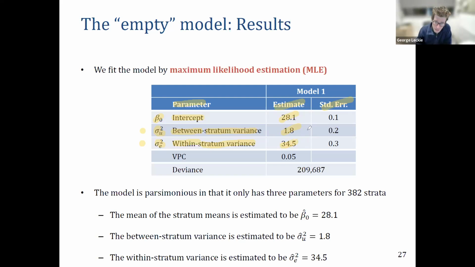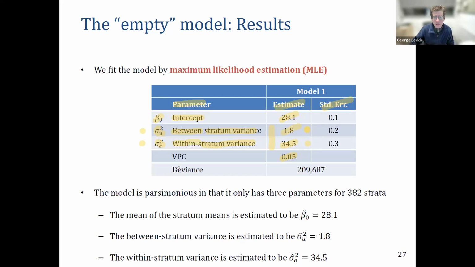So really, we don't have much going on between the strata. Actually, 0.05 is saying that 5% of this total variability is at level 2, with 95% being at level 1. So only 5% of the variation in individual BMI is between stratum means.